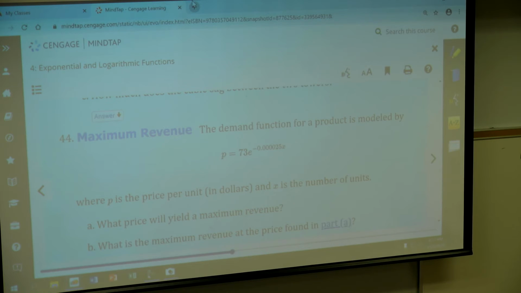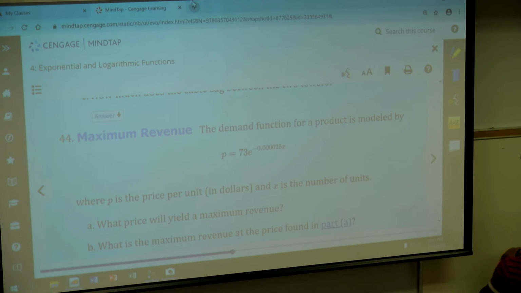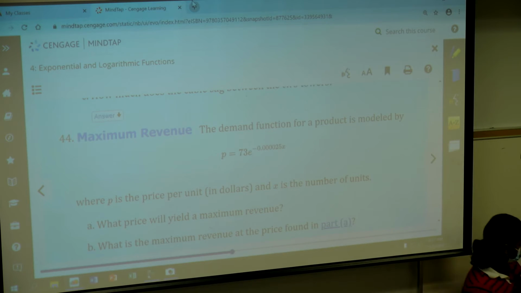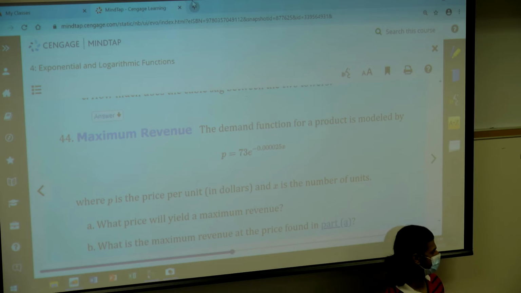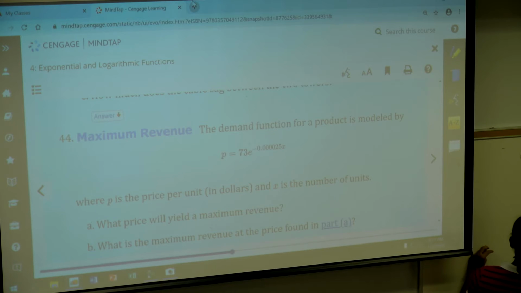And v would be 6x plus 5. What is the derivative of e raised 3x? 3e raised 3x. What is the derivative of 6x plus 5? 6. Well, take those values, plug them in the formula.